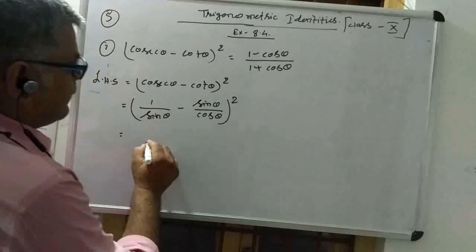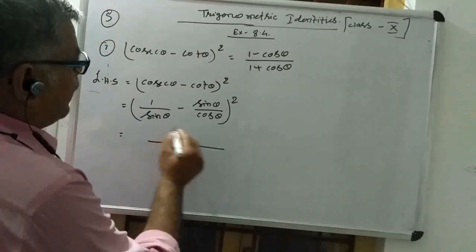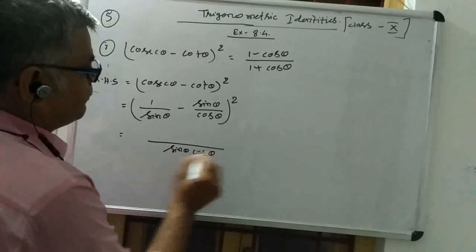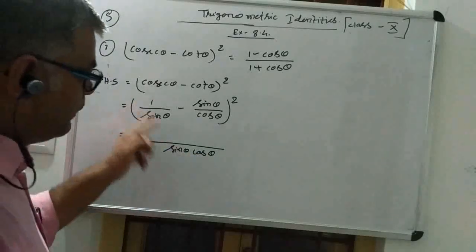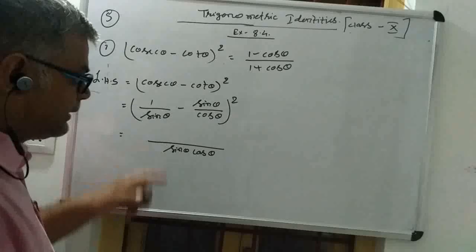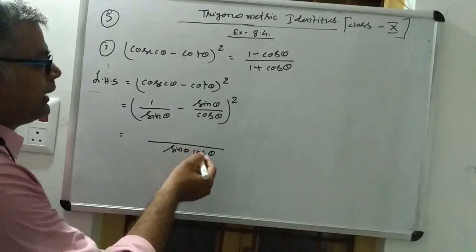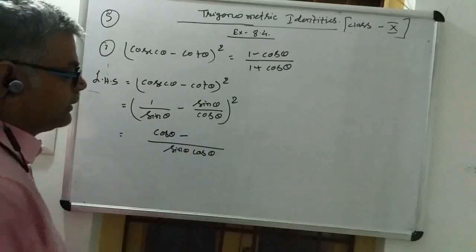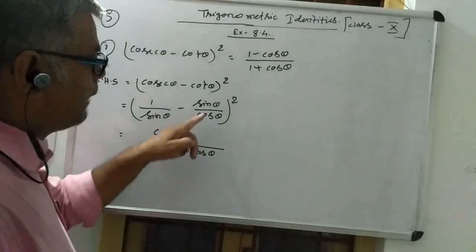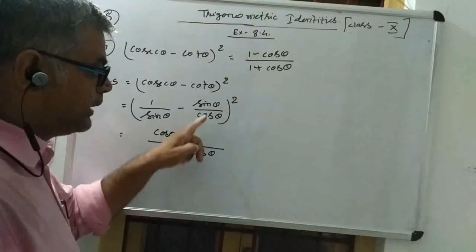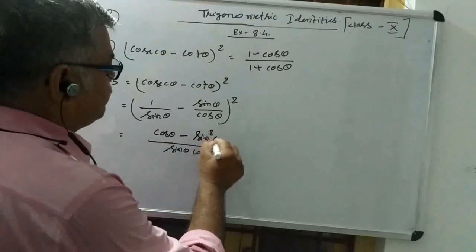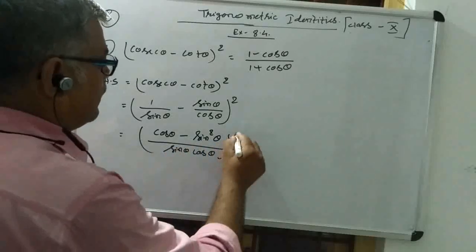Now taking the LCM, you will have sin theta in the denominator. Now the numerator is 1 minus cos theta, and the whole thing is squared.